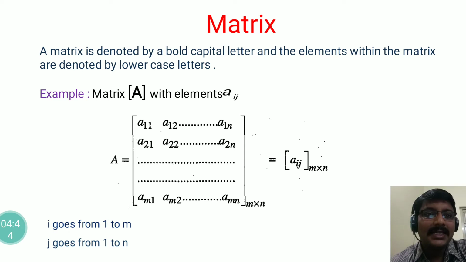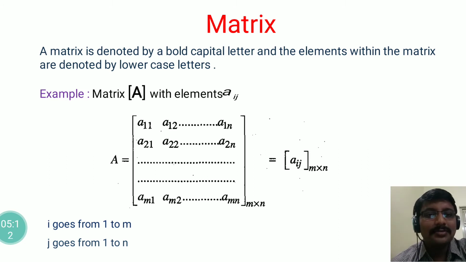So this is the general matrix A which is of order m by n because it has m rows and n columns. The general element of the matrix is aij. So this big matrix is written in simple form as the matrix of aij of order m by n. So aij is the general element of the matrix.